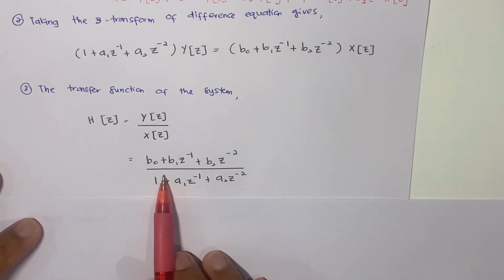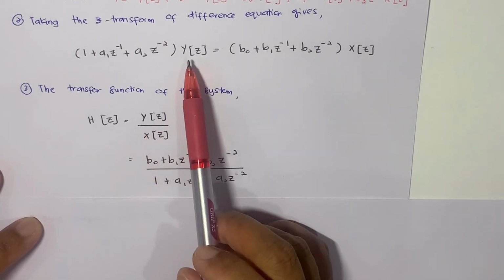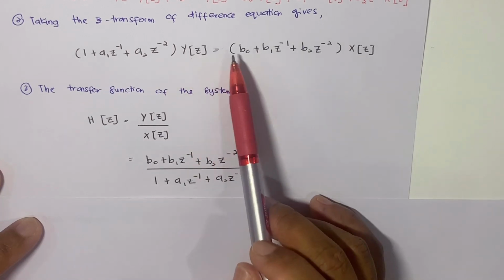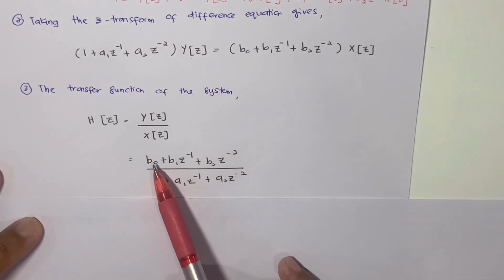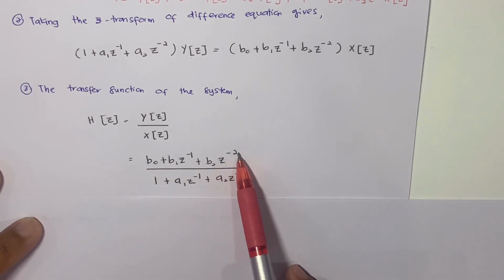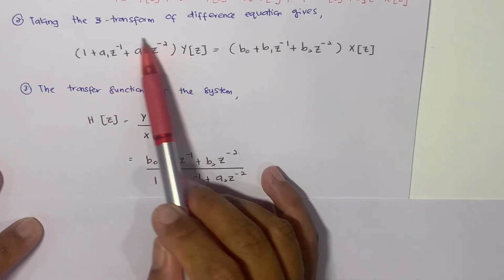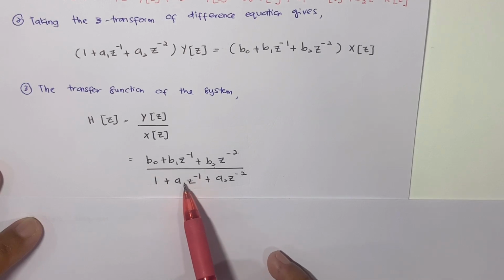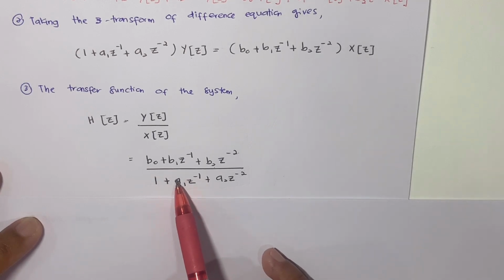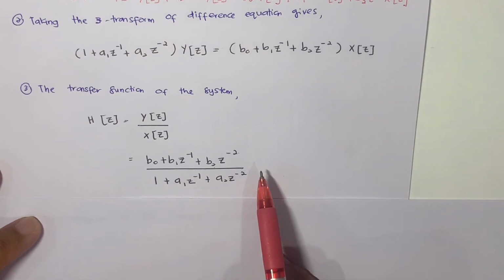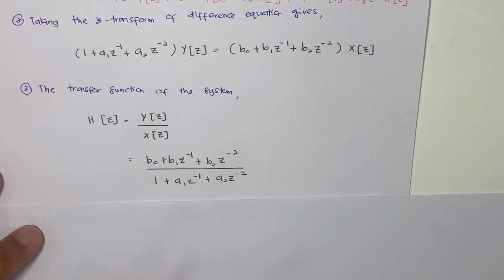So you will get Y over X: b0 plus b1 z^-1 plus b2 z^-2 over, this part you bring to the right side, it will be divided by 1 plus a1 z^-1 plus a2 z^-2.